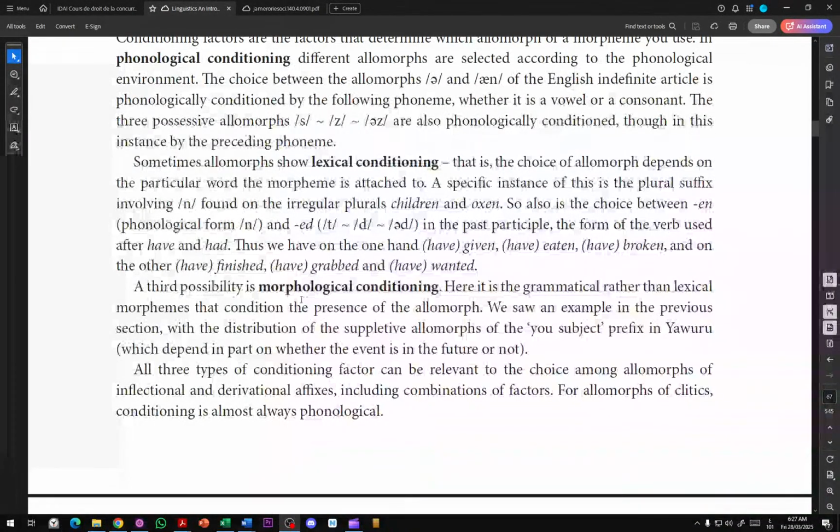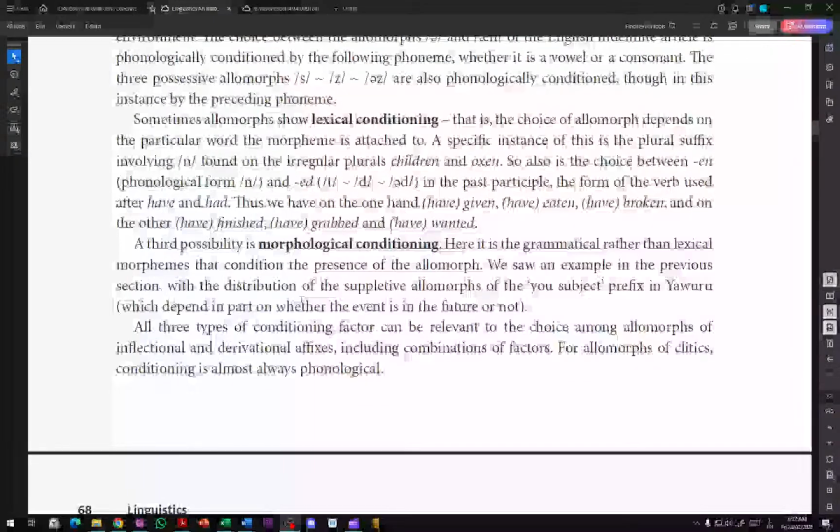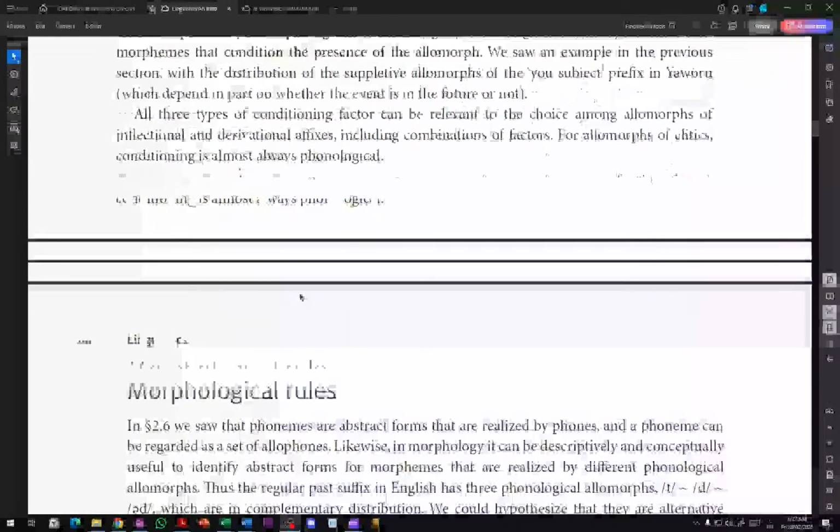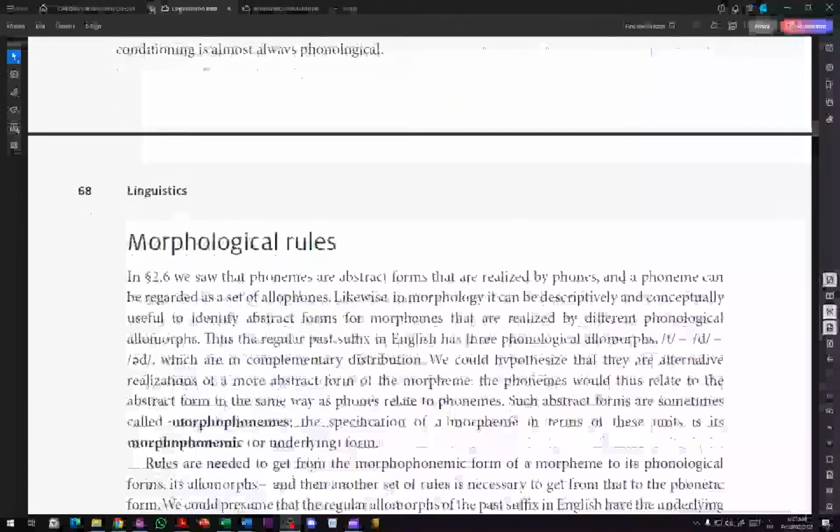For allomorphs of clitics, conditioning is almost always phonological. Morphological rules.